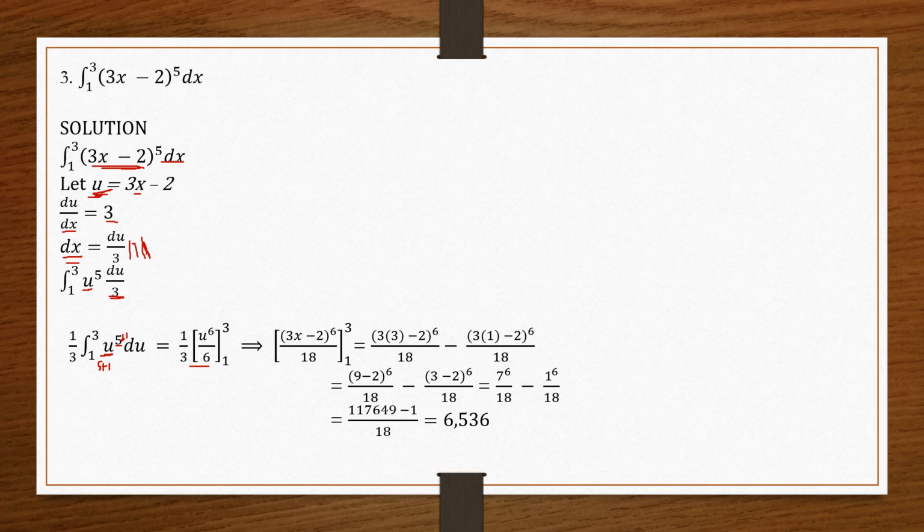So we now have u raised to power 6 over 6. I'll multiply 3 by 6, and that gives us 18 here. Then I will replace my u with 3x minus 2 because that's what it represents, and raise it to power 6, which is what we have here.